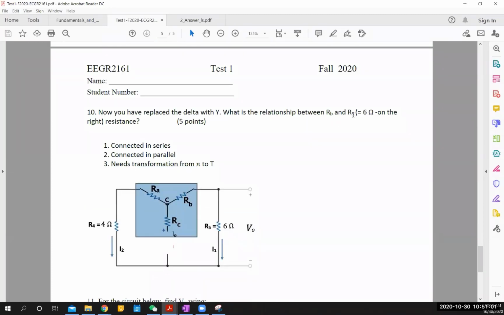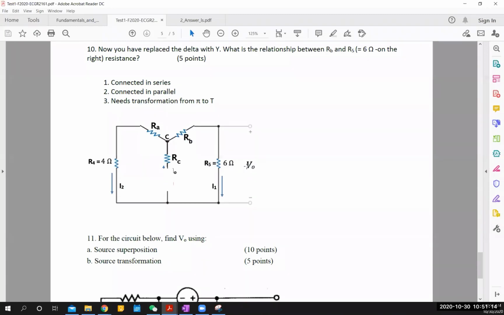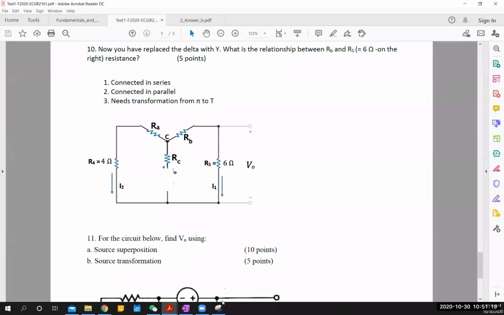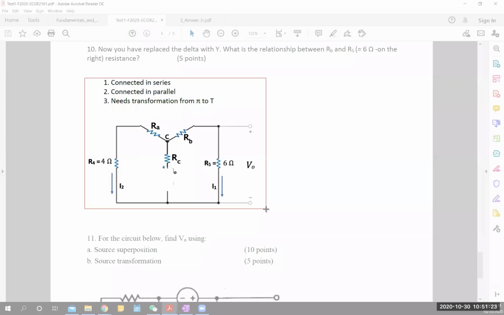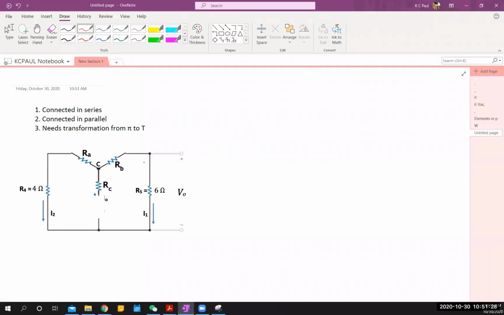Now, what is the relationship between RB and R5? R5 is here, RB is here. Some of you have made a mistake here. Let me clarify how you should treat this circuit. Don't get confused with this V output.